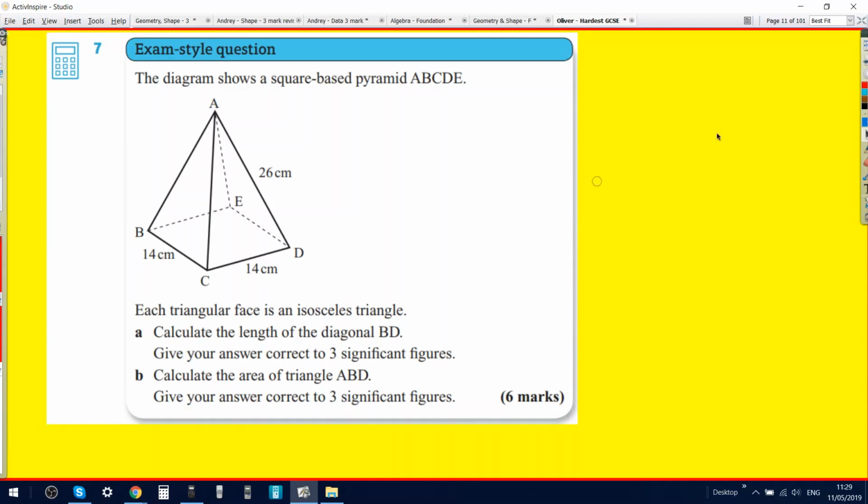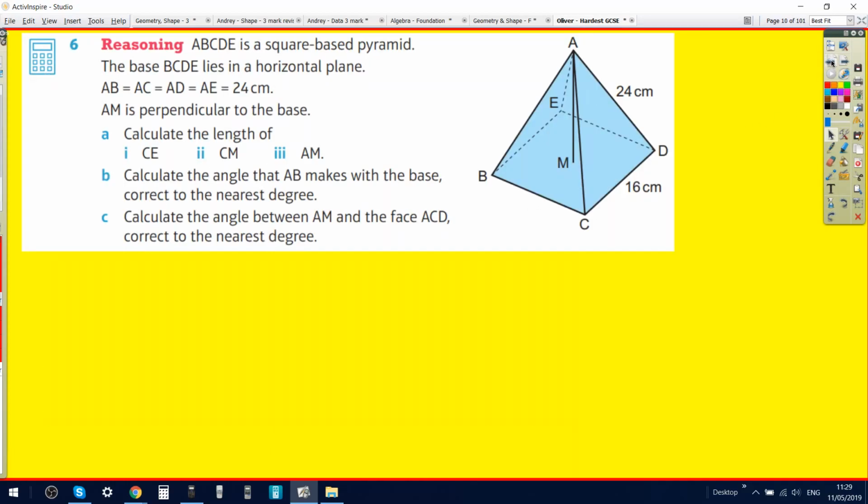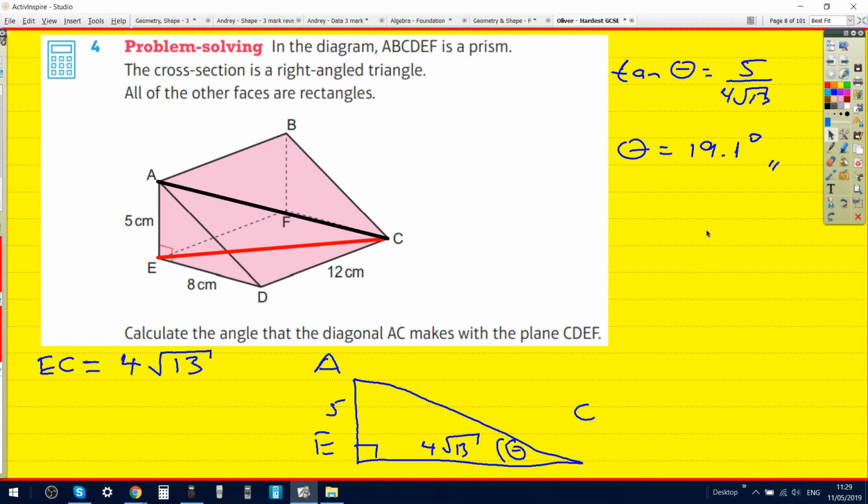How would we calculate the area of the triangle ACE? Sine rule. Even simpler. Right angled triangle. Oh, half base times height.